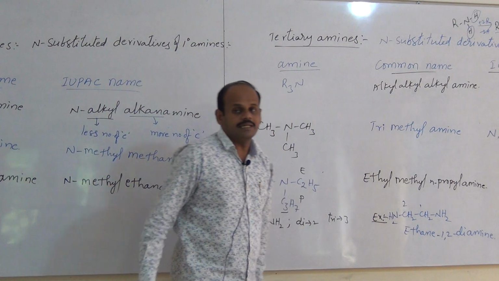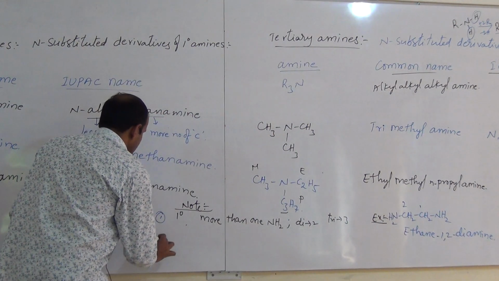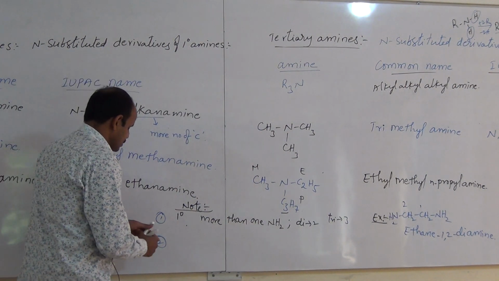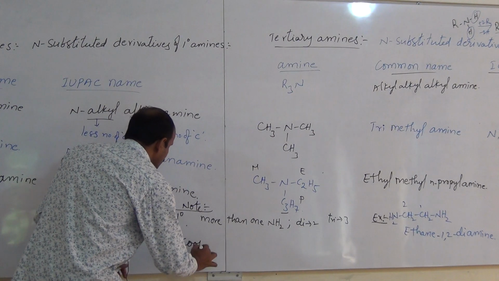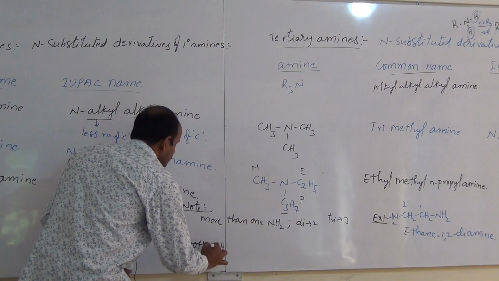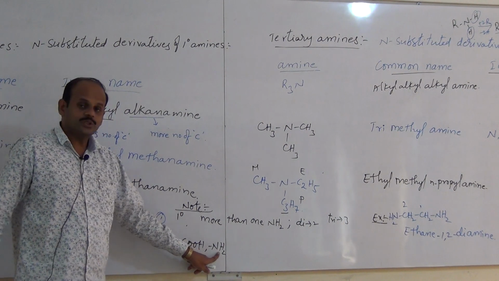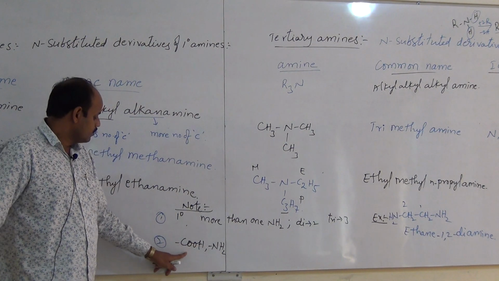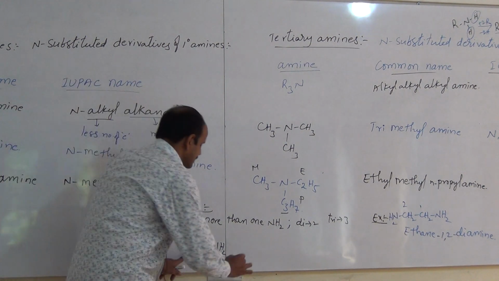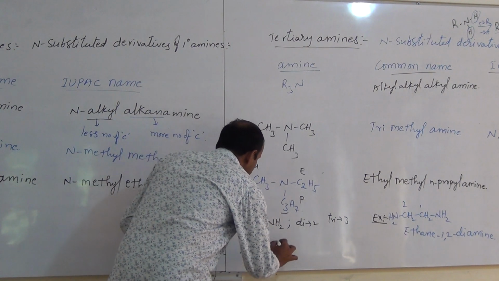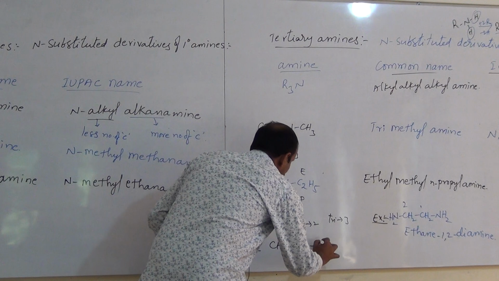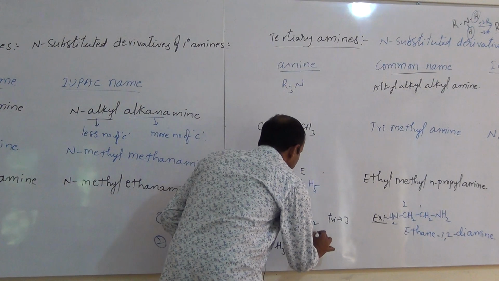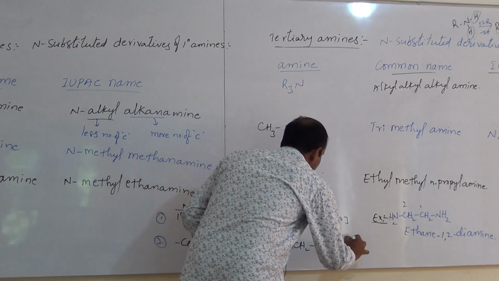Hence ethane-1,2-diamine. And here, if a higher-priority functional group is present in the same compound, such as COOH along with NH2, then the NH2 group should be written only as a substituent, not the major functional group, because a higher-priority group is there. Example: CH3, CH2, CH, NH2, COOH.